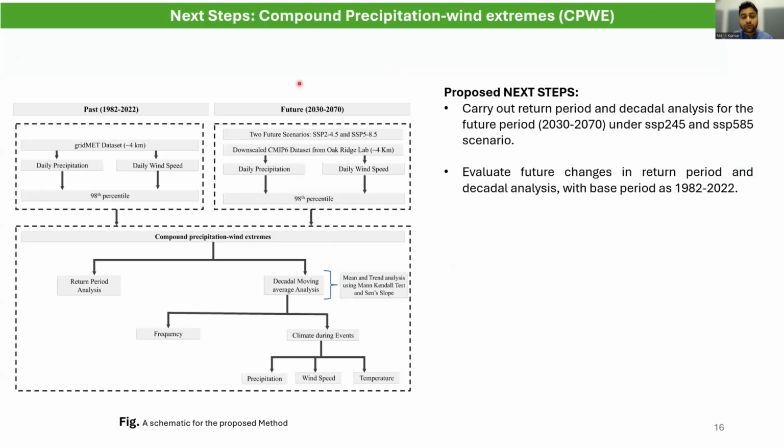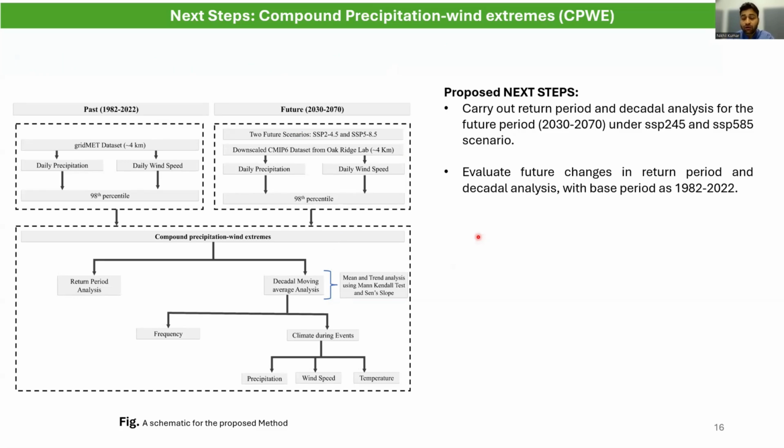So in the end, this is the whole framework that we are going to follow. That has already been done for the past, and will be repeated for the future. That is to carry out the return period and decadal analysis for the future period under SSP 245 and SSP 585 scenarios, and also further evaluate future changes in the return period and decadal analysis with the base period as 1982 to 2022.